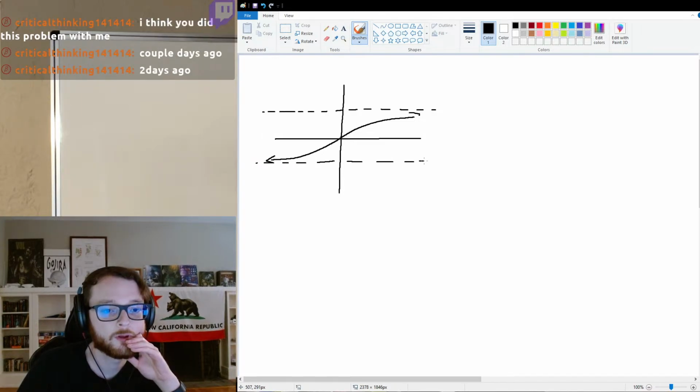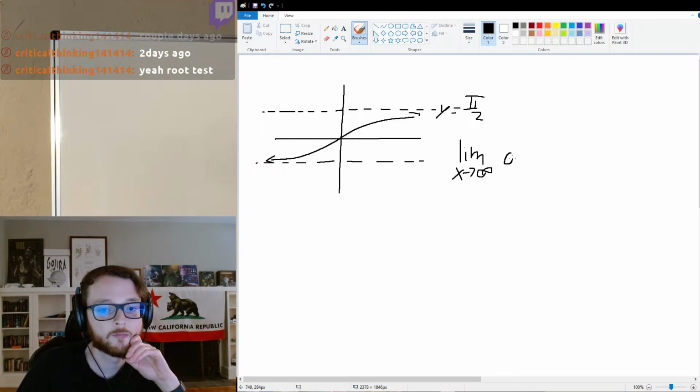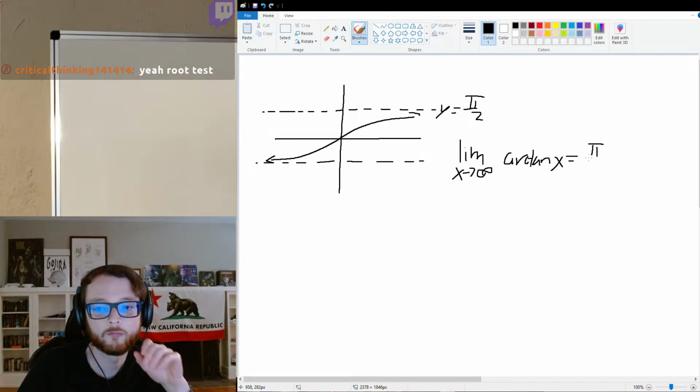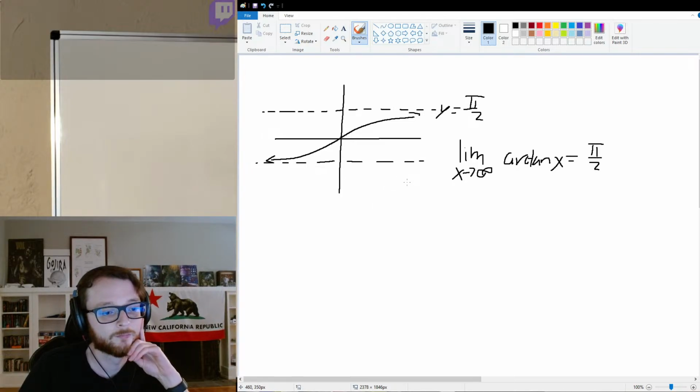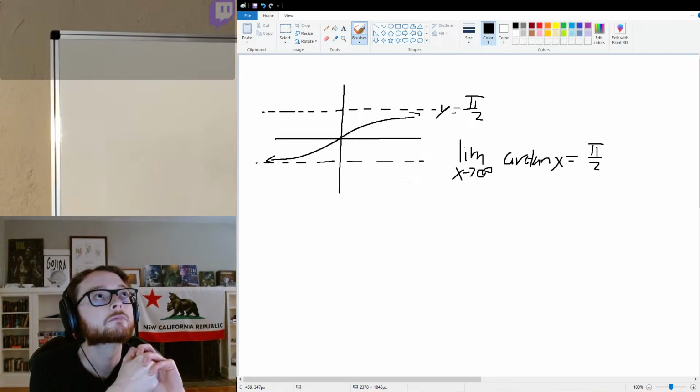So if you're taking the limit as x goes to infinity, you do end up with pi over 2, because of this horizontal asymptote thing.